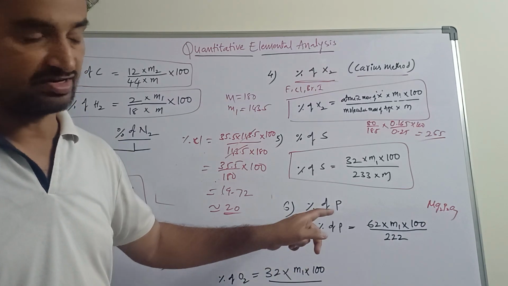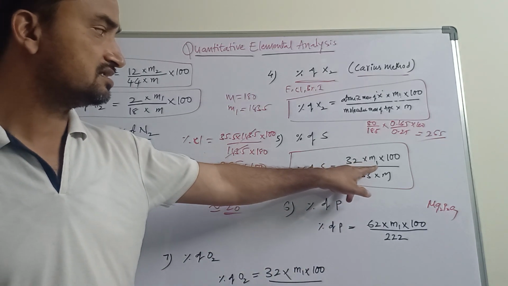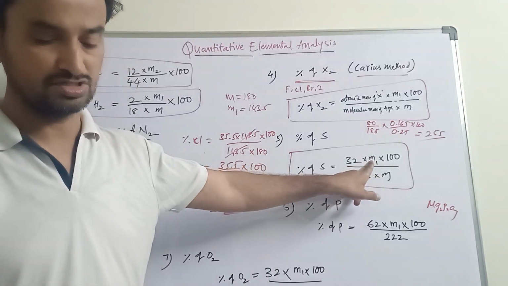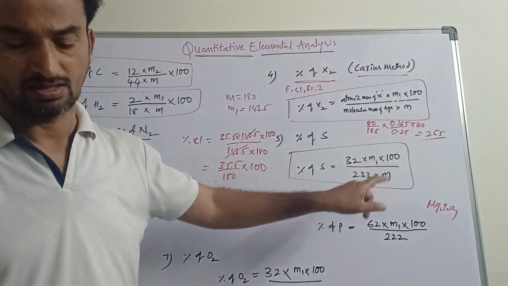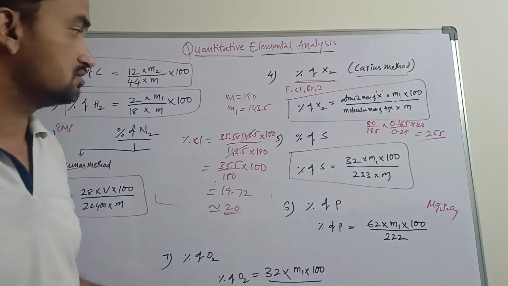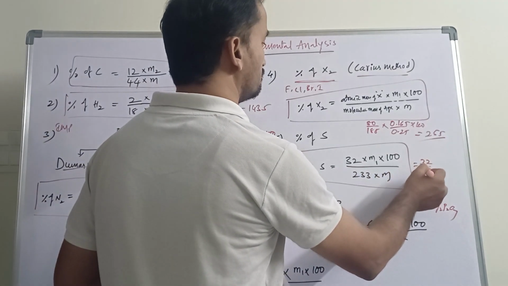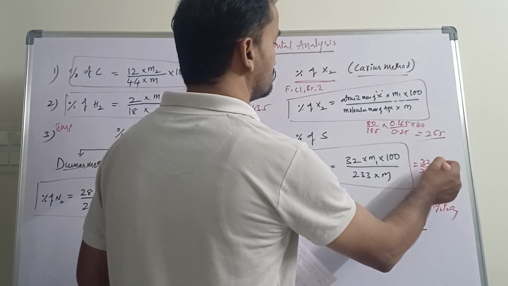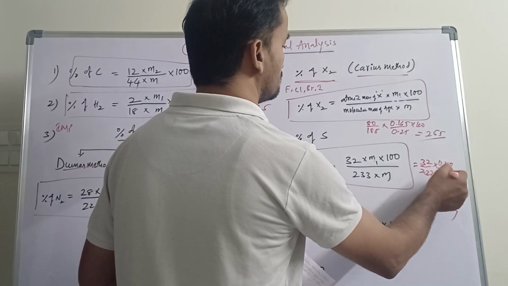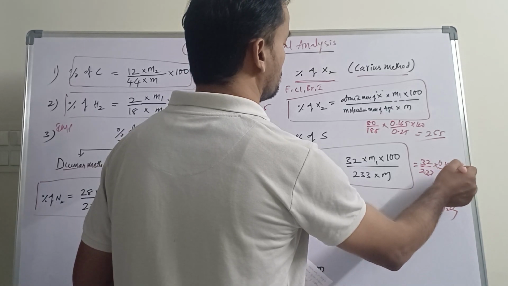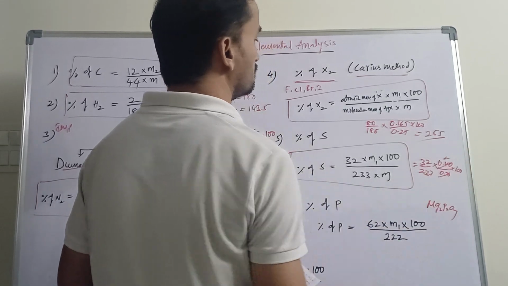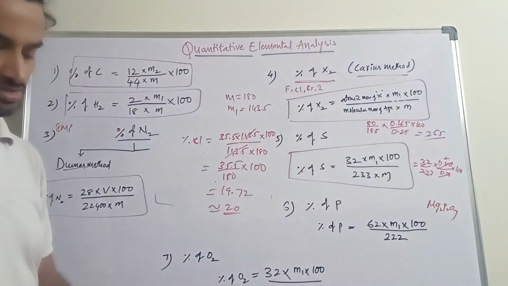The percentage of sulfur in the compound is asked. Simply substitute: 32 divided by 233 into 0.40 by 0.20 into 100. So you will be getting 27.5.